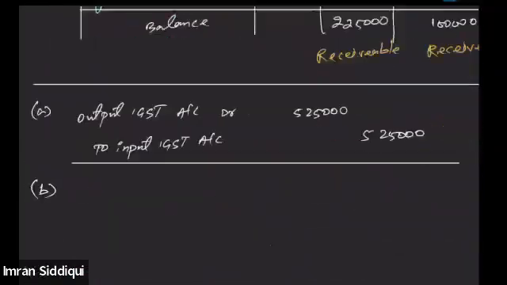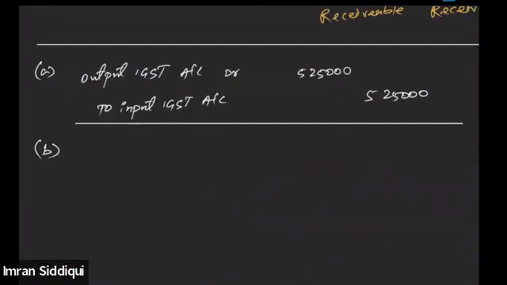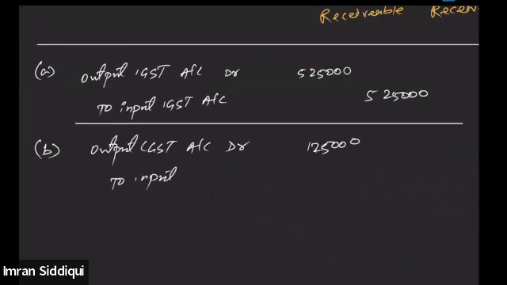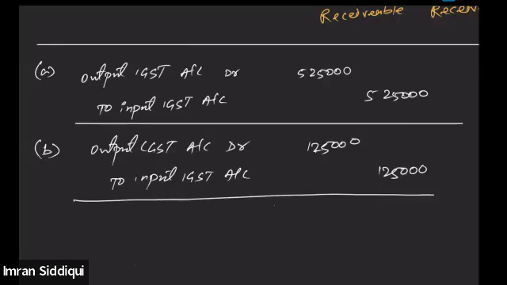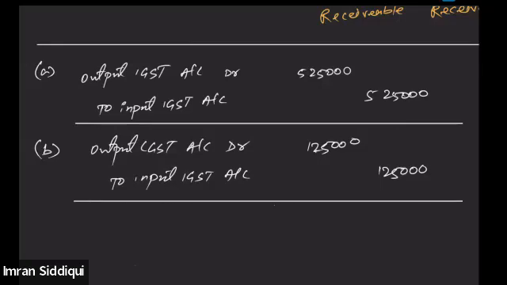So the entry for this will be output CGST account has been utilized to the extent of 1,25,000 to set off the input IGST account 1,25,000. This means that we had adjusted the balancing value of input IGST with the output CGST account. You can write down the narration on your own that balance input IGST is being adjusted with the output CGST to the extent of 1,25,000.